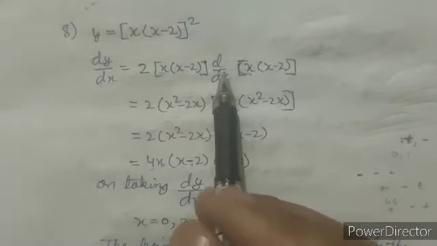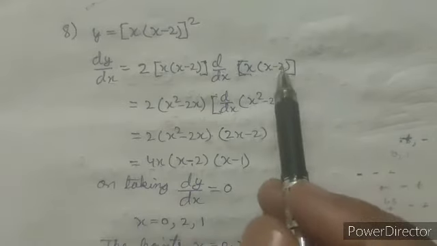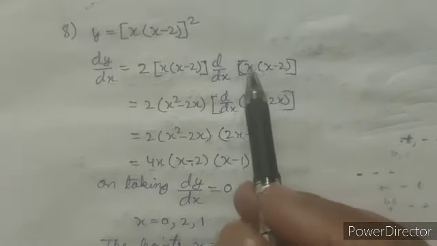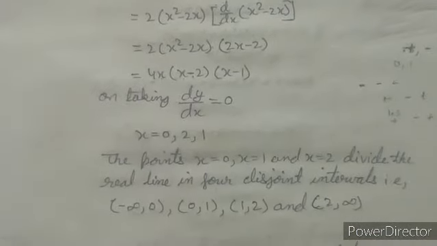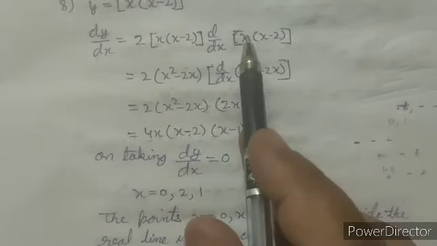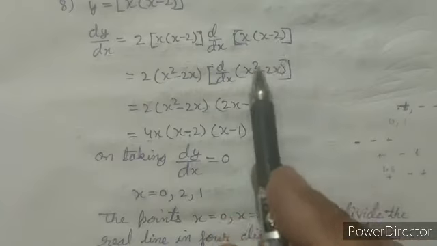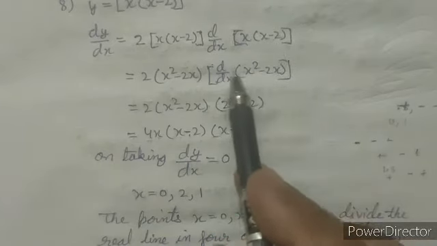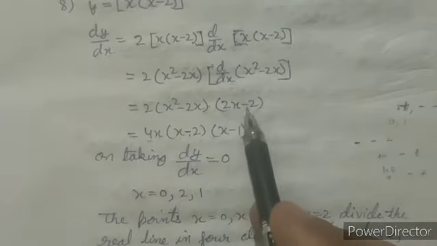Now d by dx of x into (x minus 2) will be x d by dx of (x minus 2) plus (x minus 2) d by dx of x. Or either we can multiply this x with (x minus 2) and it will give us x square minus 2x, and d by dx of (x square minus 2x) will be 2x minus 2.